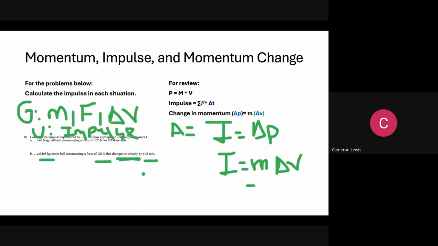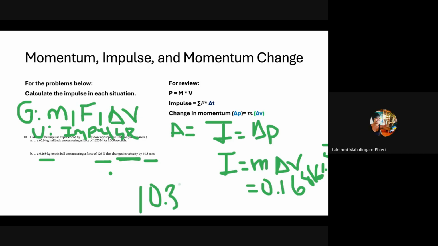So now we could just multiply those two together. 0.168 times 61.8. And we get what? 10.38. 10.38 kilograms meters per second.